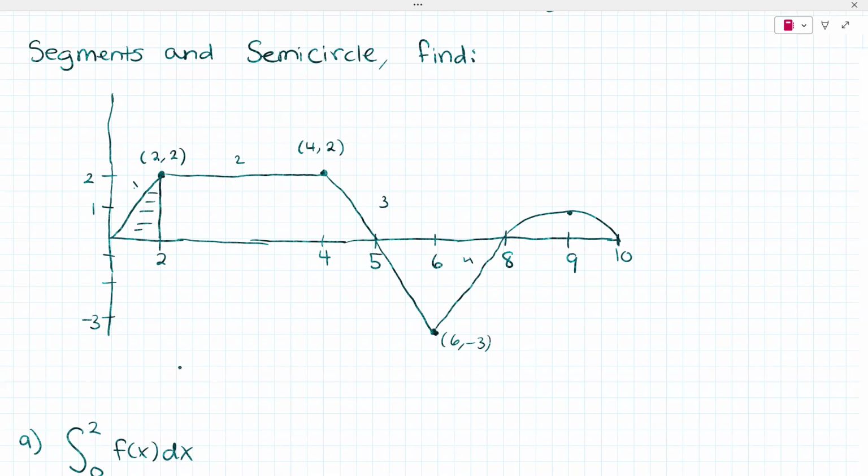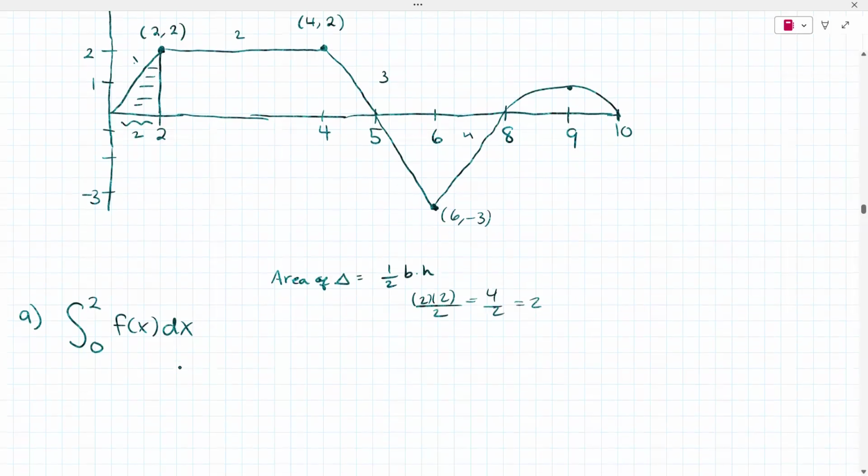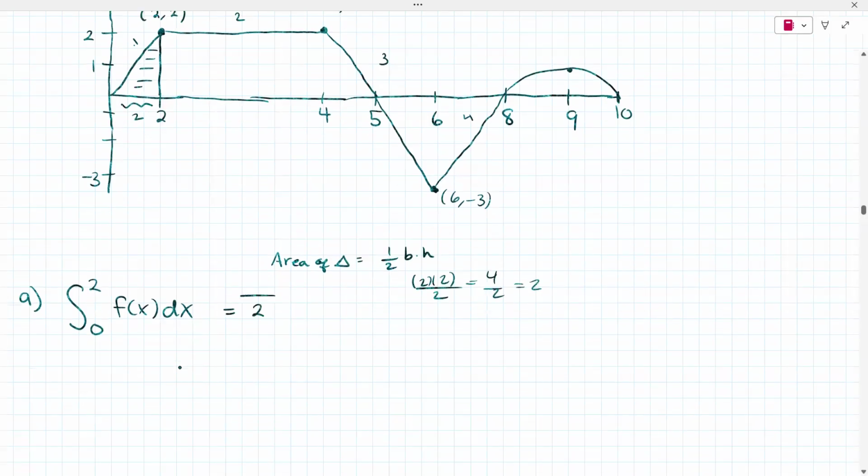The area of a triangle is equal to 1/2 times base times height, right? So the base is 2, and the height is, I believe, 2, right? The base is 2, and the height is 2, and then divide that by 2. Just 4 over 2, just 2. So yes, this will be 2.